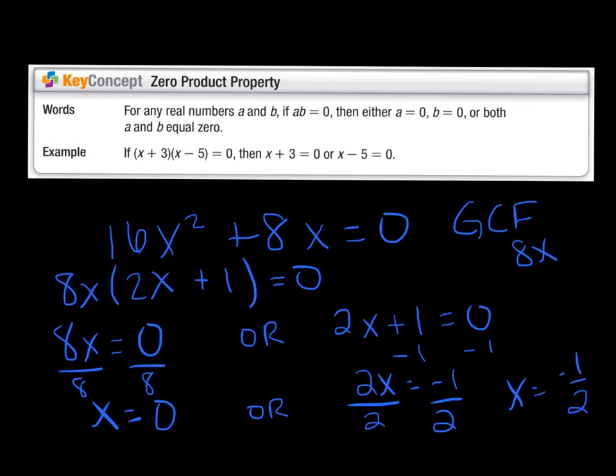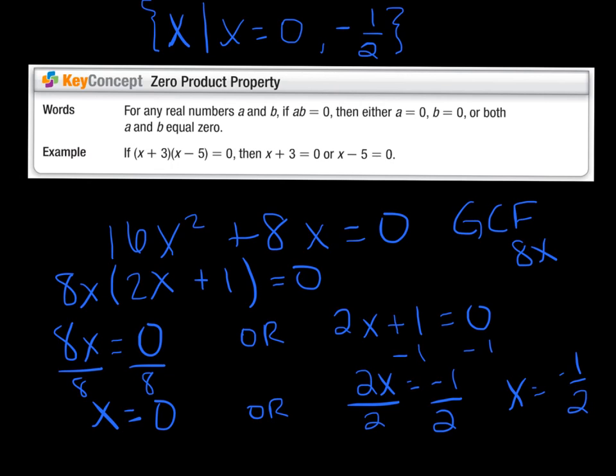Okay, so here are our zeros, or our roots, or our solutions. We have x equals 0 and x equals negative 1/2. So if we're going to write this in our set notation, doing this here at the top because I ran out of room at the bottom, we have the set of x's such that x equals 0, negative 1/2, end bracket.